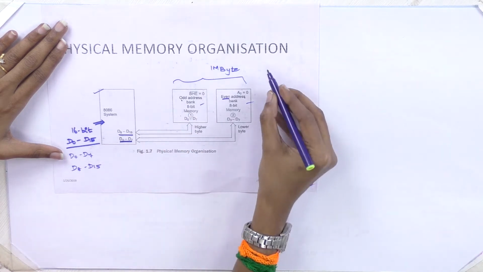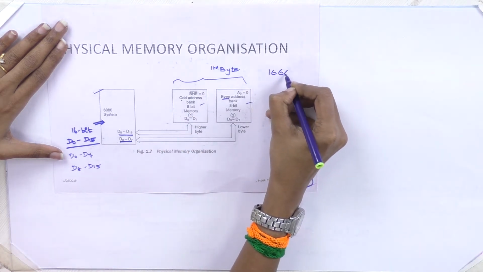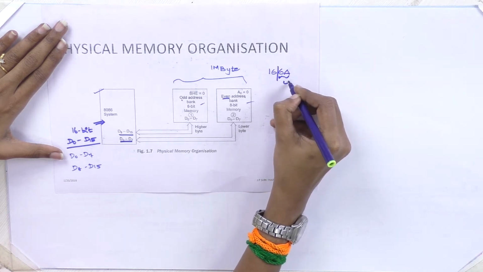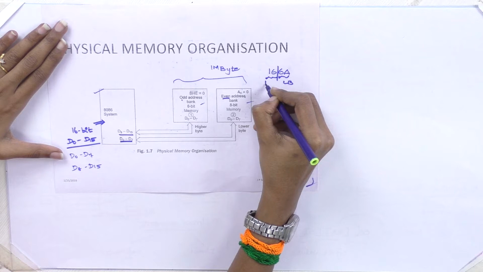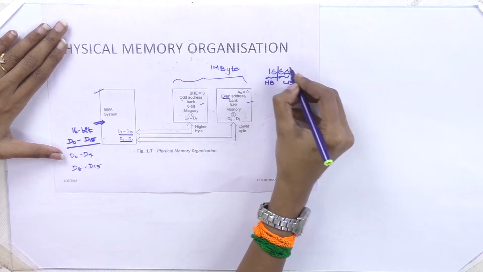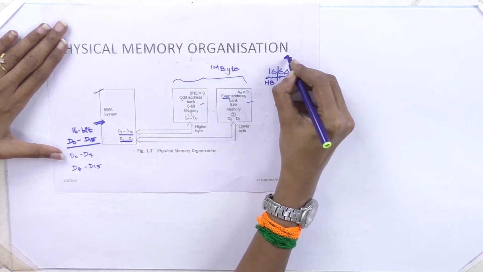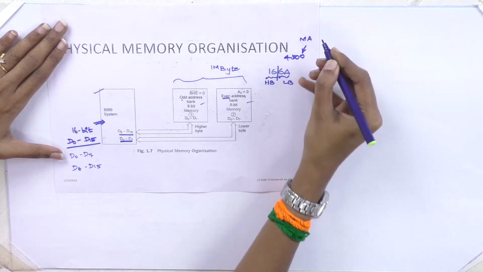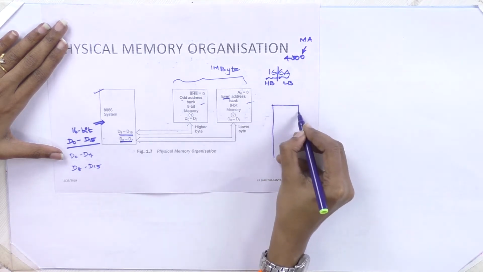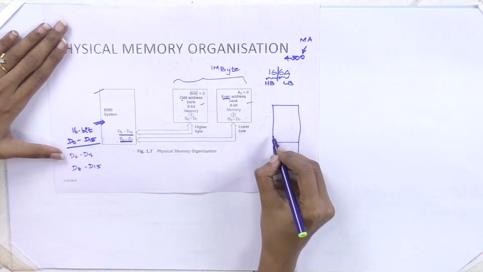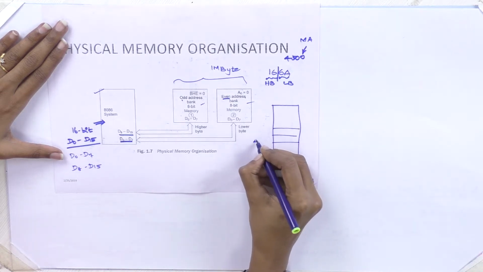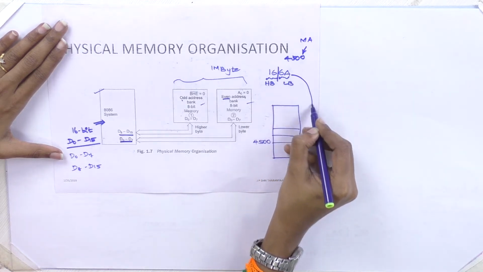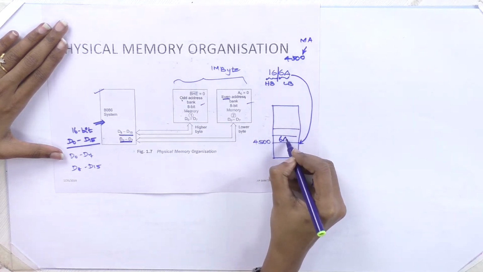For example, if this is our value 166A, the 6A is your lower byte and 16 is the higher byte. If it is stored at memory location 1500, the lower byte of this data, which is nothing but 6A, will be stored in the even address.